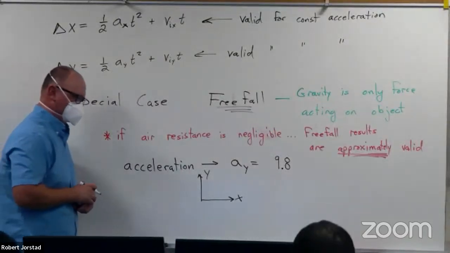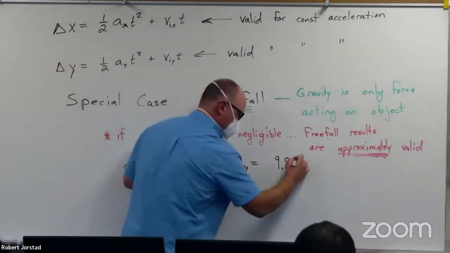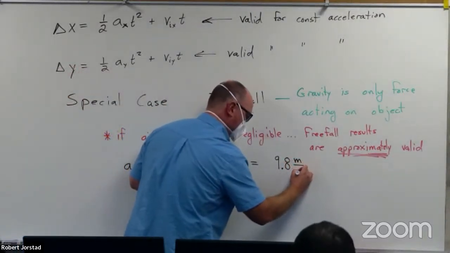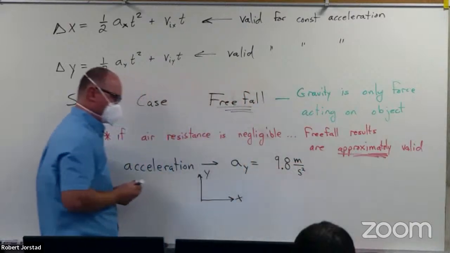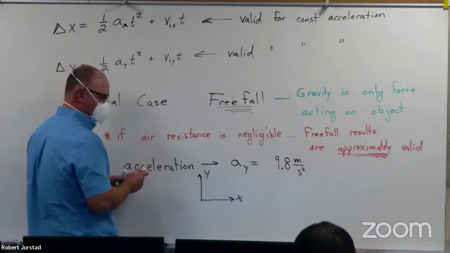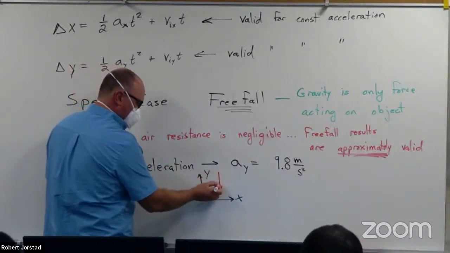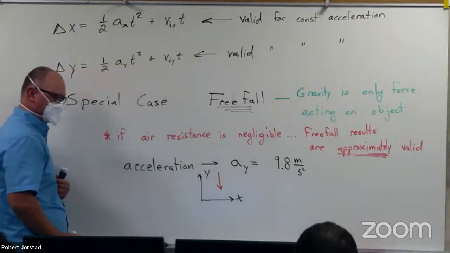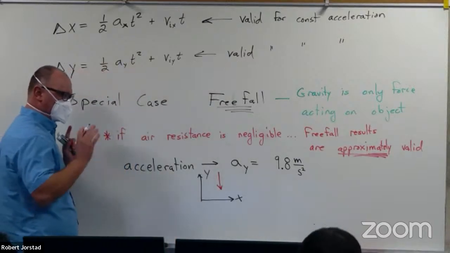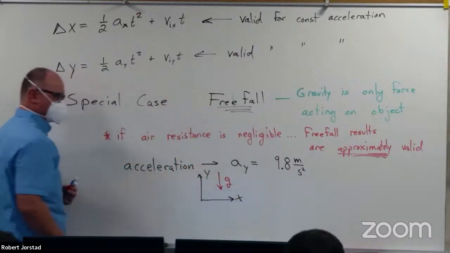What's one of the reasons? The units. Excellent. And the other one is, what direction do we typically think of gravity pulling on a person? Downwards. Now, we typically say the magnitude is g and the direction is down.